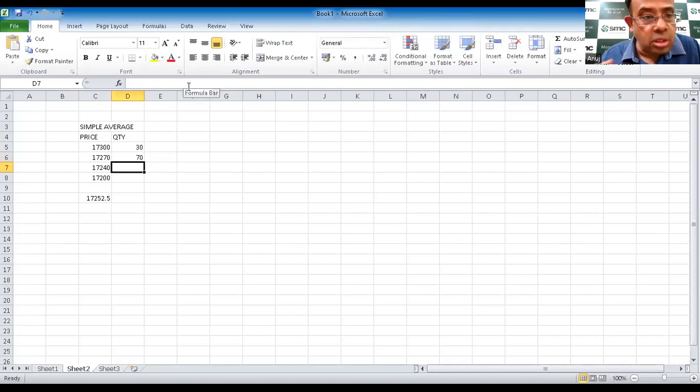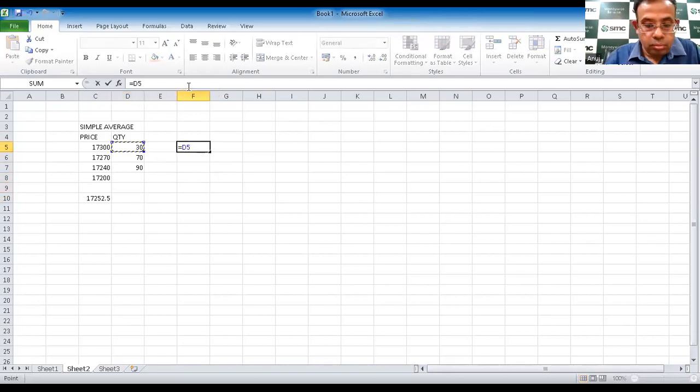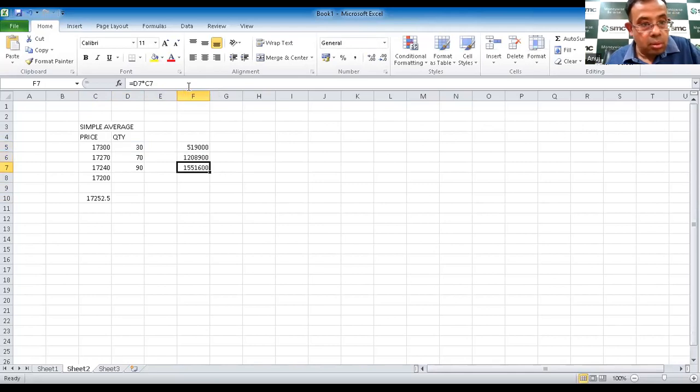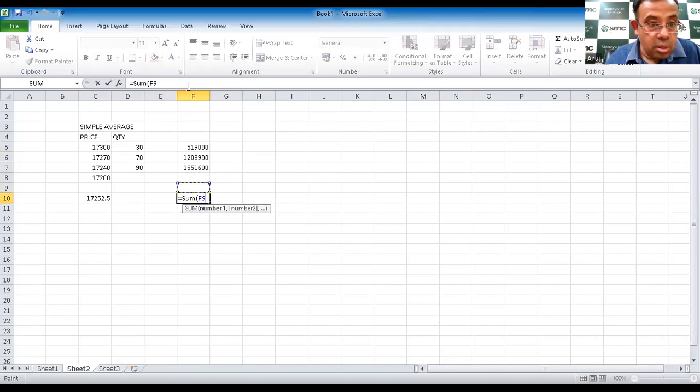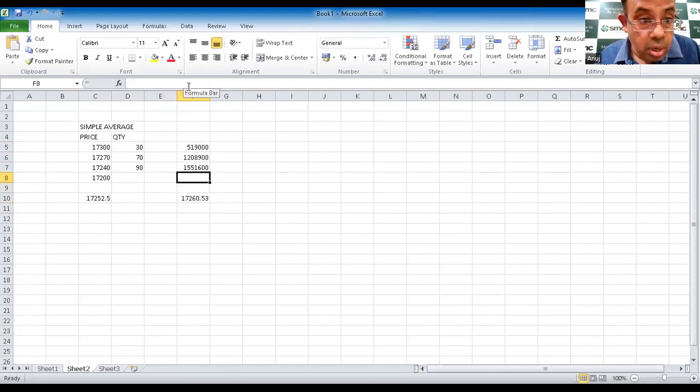At 17,240, say 90 lots. So initially, the average would be 17,260. Now at 17,200, suppose 150 lots traded.